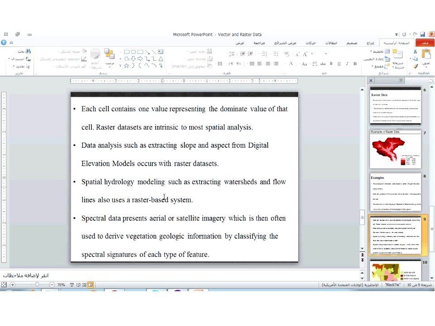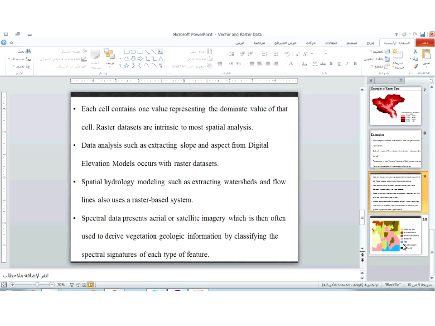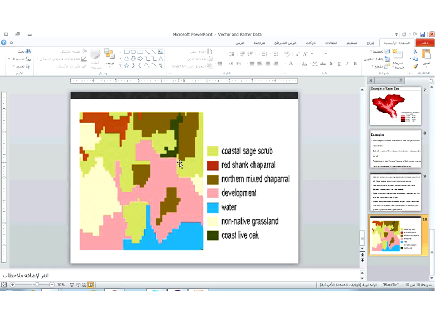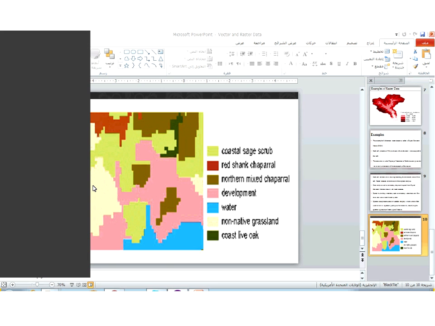Spatial hydraulic modeling such as extracting watershed and flow line also uses raster-based systems. Spectral data represents areas or satellite imagery, which is then often used to derive vegetation and geologic information by classifying the spectral signatures of each type of feature. This map, the last slide, shows the spectra of different areas of the map. Thank you for this session.